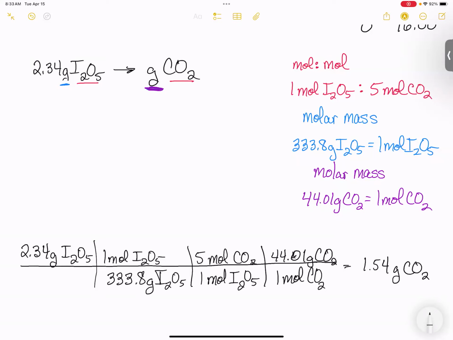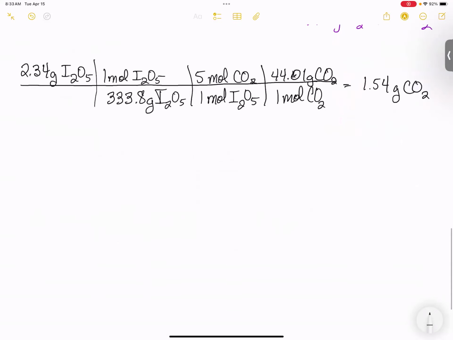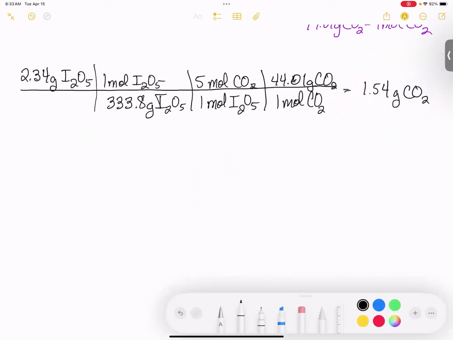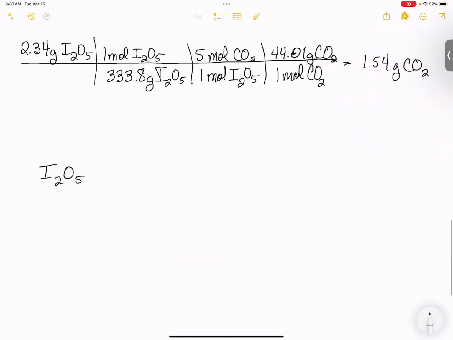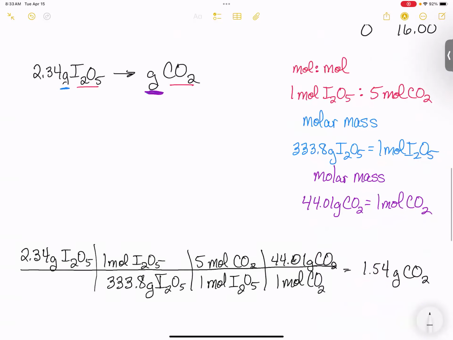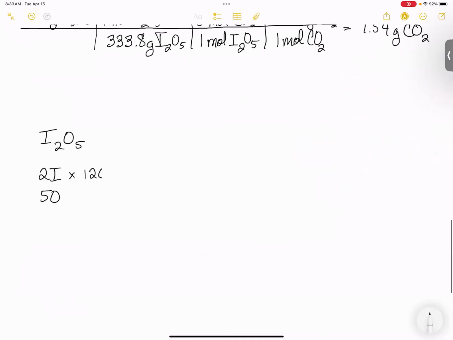How did I get the molar mass? I2O5 says that there are 2 I's and 5 O's, correct? I is 126.9, I gave it to you. And O is 16.00.